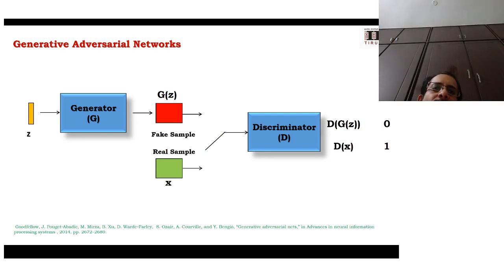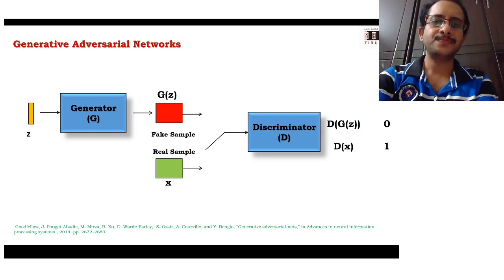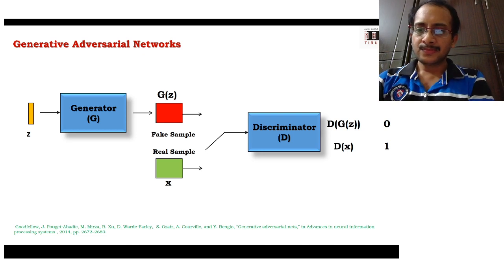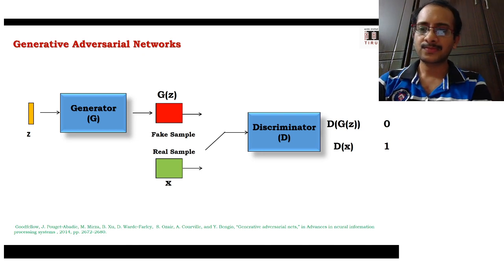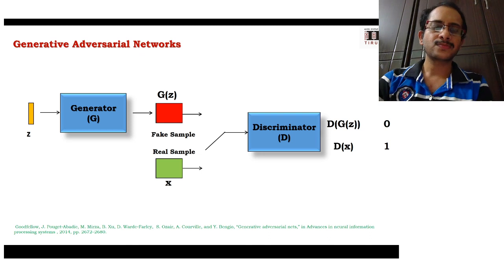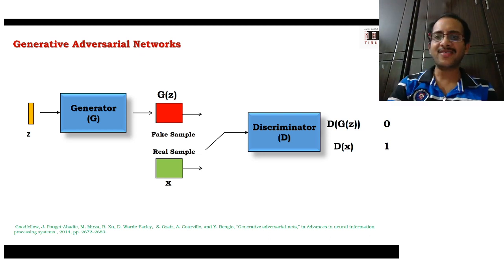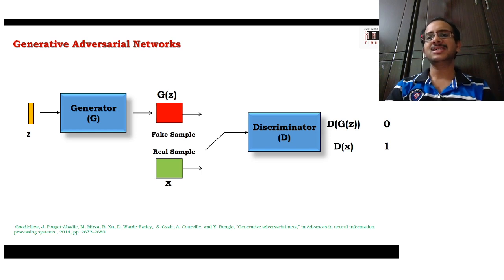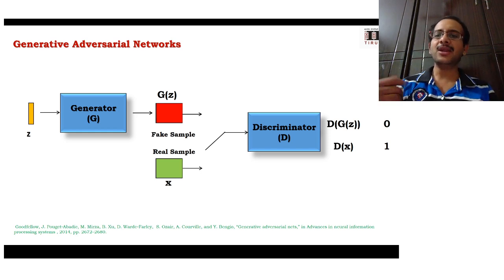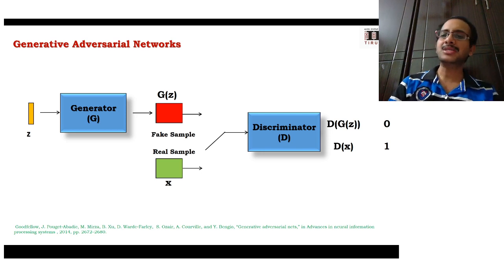Let us go back to our previous discussion. Here you can see that generative adversarial networks have two networks. One network attempts to generate samples that look like real samples, and the other network looks at the generated samples as fake samples. Comparing with the real samples, it adjusts itself to say how fake they are.